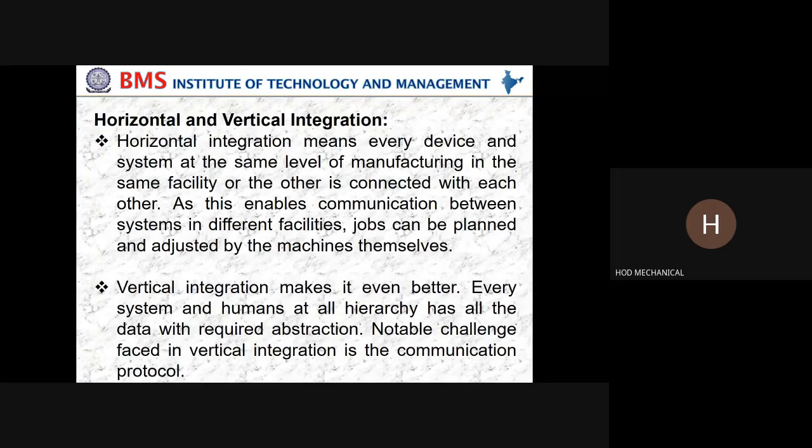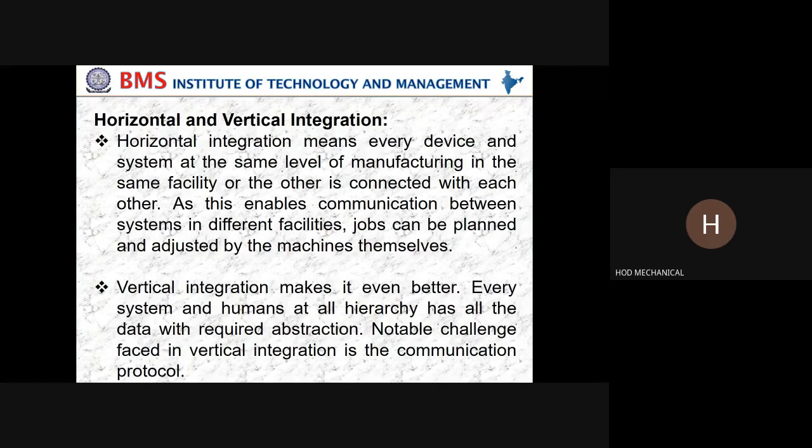Now if you have only horizontal integration, it is not much advantage for you. The requirement is to have vertical integration also. Vertical integration means you have a CEO, high level management, then the managerial levels, then the supervisory levels, then the shop level managers or supervisors.